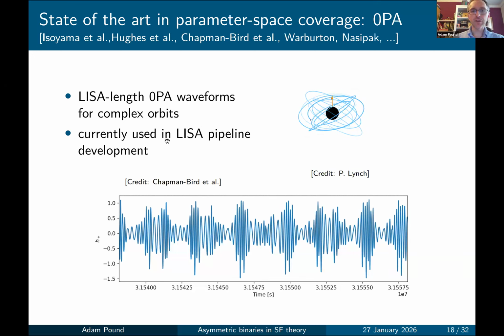This is what's currently used in LISA pipeline development. It's actively being used. So here's an example of a waveform generated by Christian Chapman-Bird, who over the past couple of years has really been the lead developer of the FastEMRIWaveforms package. I'll also give a shout out to my postdoc, Zach Nasipak, who generated all the data that went into this model.